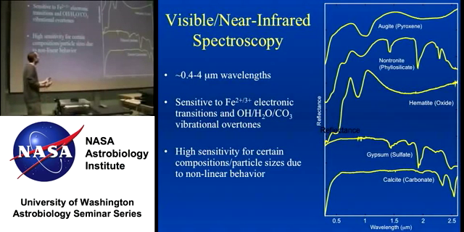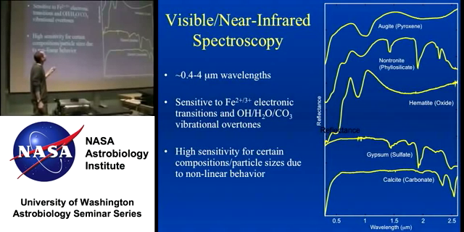You have a high sensitivity for a certain set of compositions and particle sizes, and the behavior tends to be highly nonlinear. In this case, you can detect very small abundances of phyllosilicates or clays present, but on the other hand, you wouldn't detect quartz or feldspar.